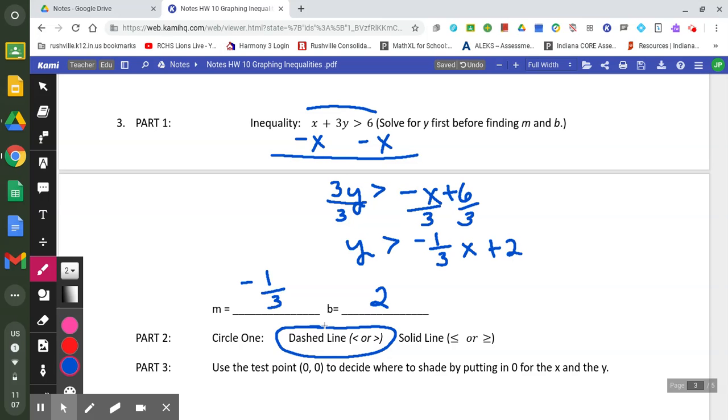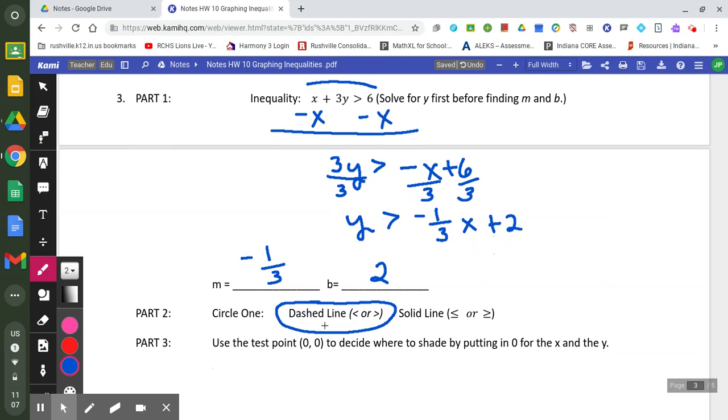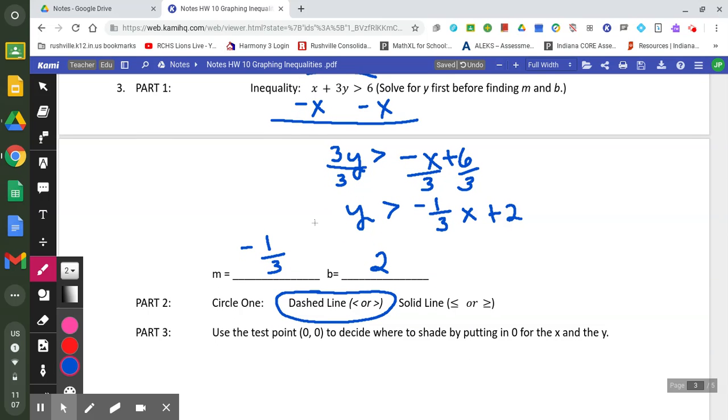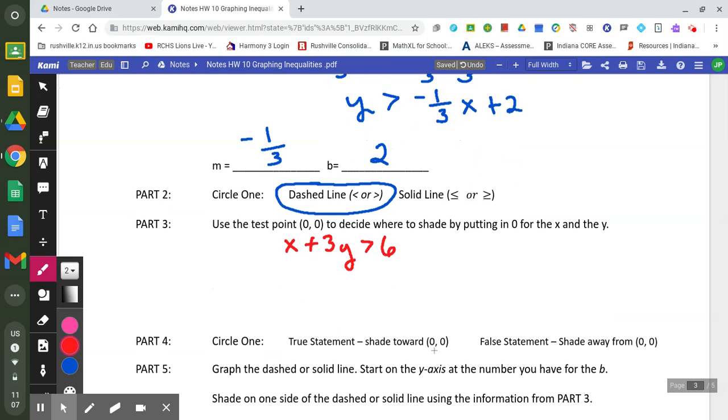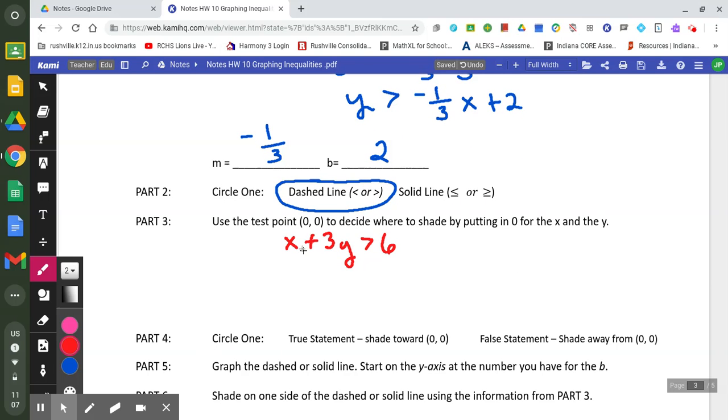To figure out how I'm going to shade, I go back to my original inequality, not the one that I got here in blue, but the one that is typed. So that one is x plus 3y is greater than 6. That's my original, and now I'm going to put 0 in for the x and 0 in for the y.